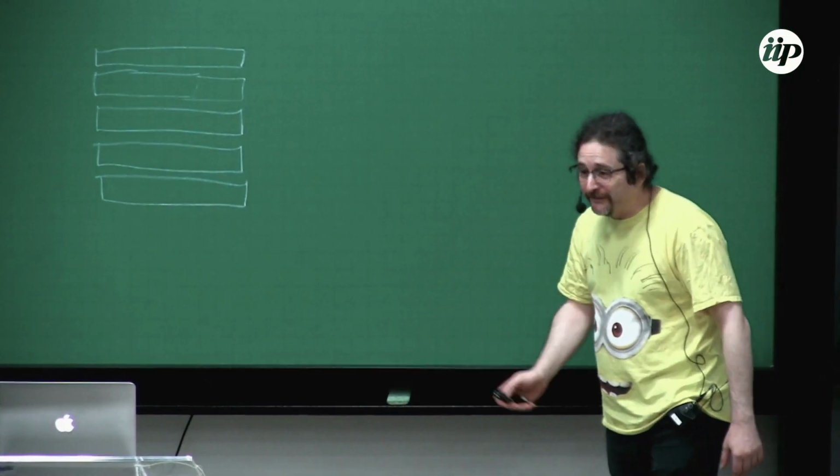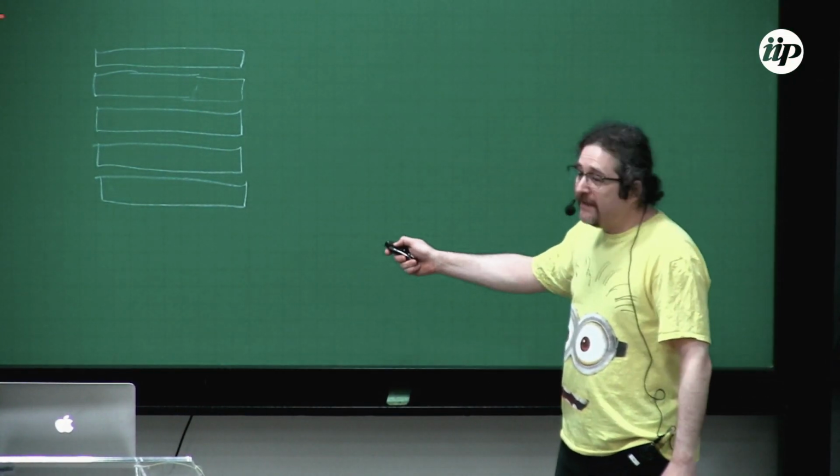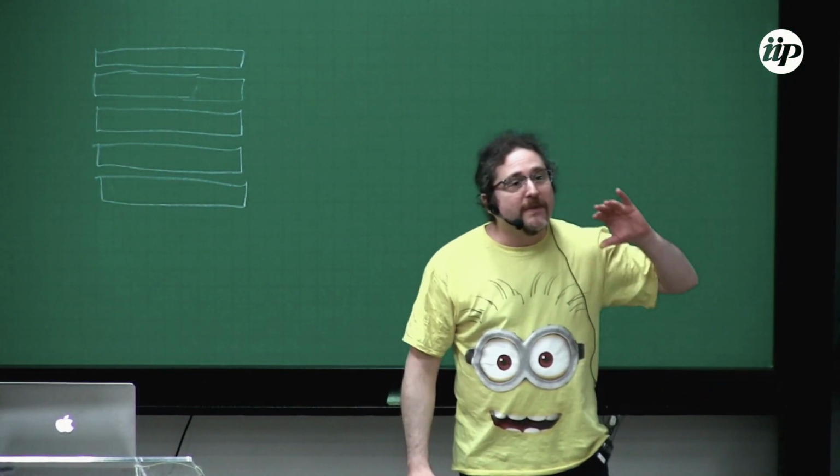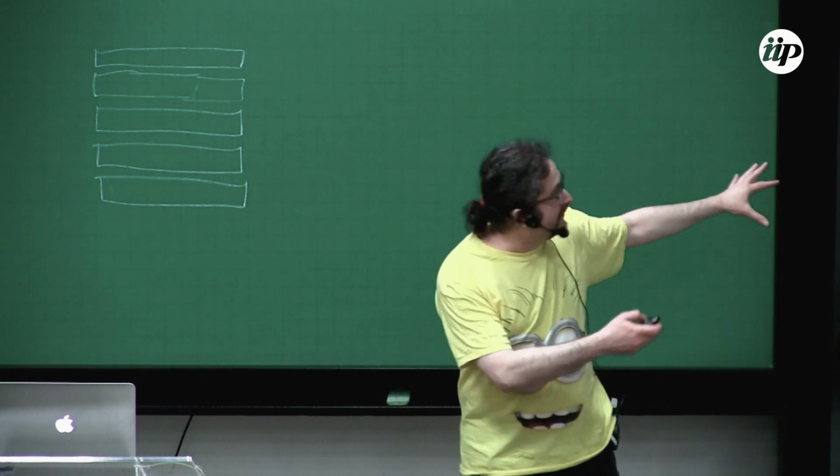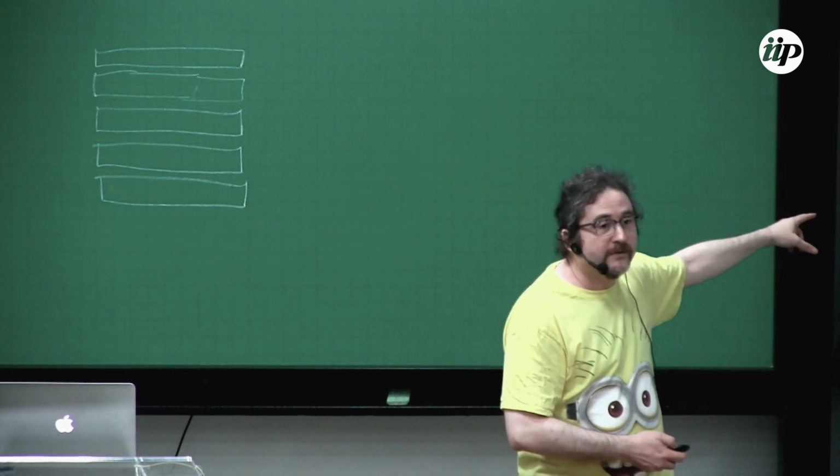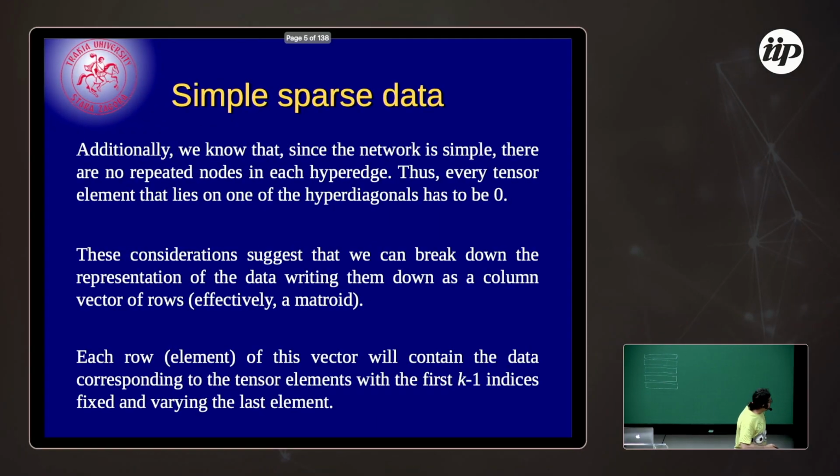Each of these rows will be one part of this cube. Precisely, each row will be the line in that cube that corresponds to the first k-1 indices of the tensor being fixed, and you're just scanning the last one.